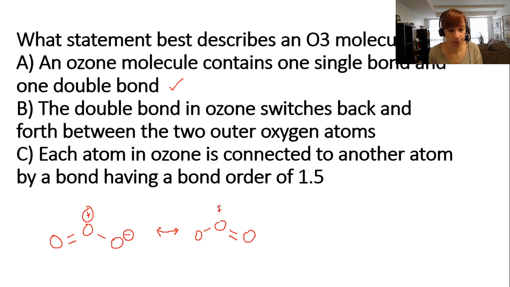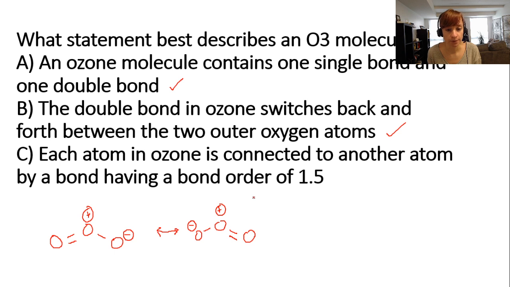So this oxygen is still positively charged because no matter where that double bond is, it still has 3 bonds. But now this oxygen is negatively charged. So what happens is that the molecule bounces back and forth between these 2 structures. So then looking at B, the double bond in ozone switches back and forth between the 2 outer oxygen atoms. So that is also correct.